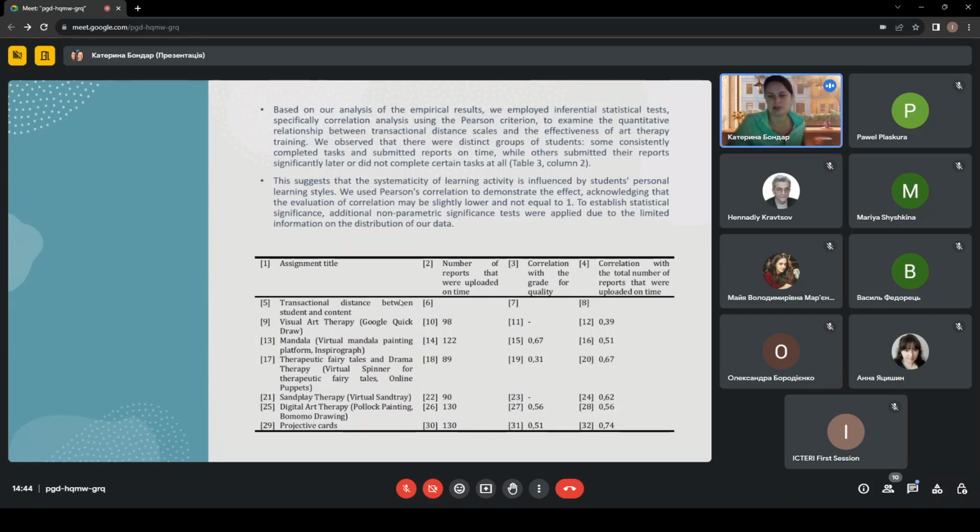And last but not least, the Google Quick Draw that we showed before was also a fruitful tool for online working as a school psychologist, for our students, because they are bachelors and they should work in school after the bachelor.